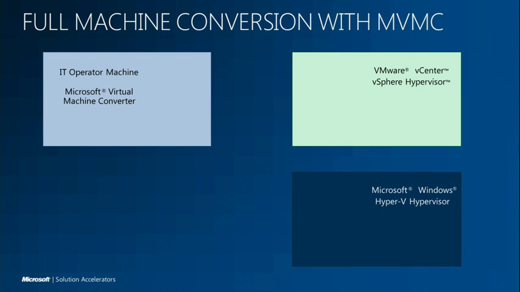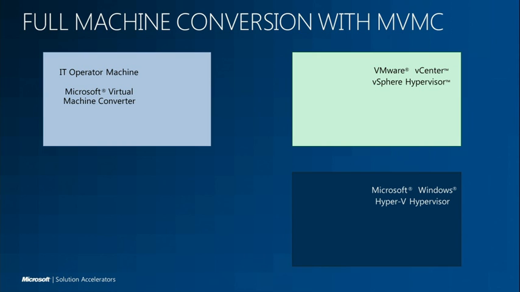So in the context of the wizard, there are three points on the map that we think about. The IT operator has MVMC installed somewhere. In a lot of instances where we've played with it, it's actually installed directly on the Hyper-V host itself. But for the purposes of this demonstration, we're saying three spots.